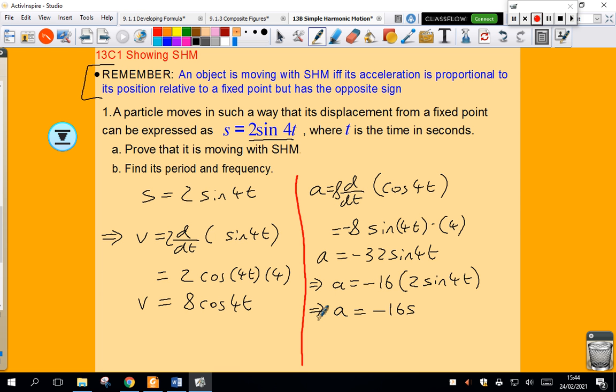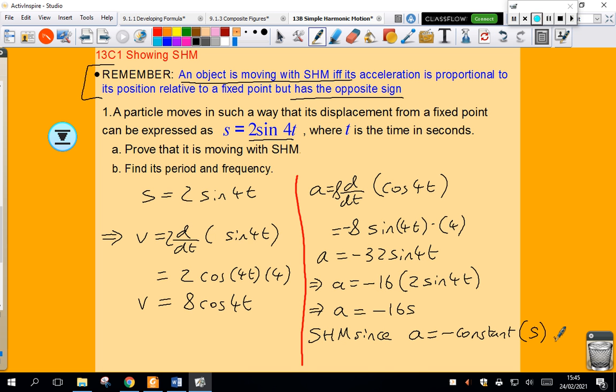Since its acceleration is proportional to its position relative to a fixed point, but has the opposite sign. So really you just write out that whole sentence: it's moving with simple harmonic motion since the acceleration is some negative constant multiplied by the displacement. And that's how we prove that it's moving with simple harmonic motion.